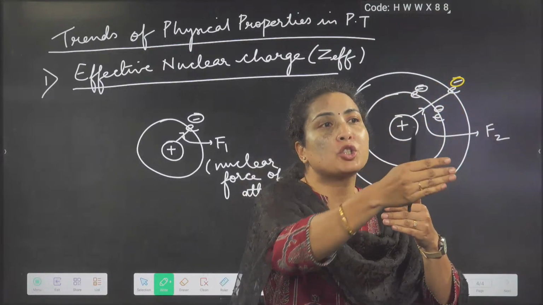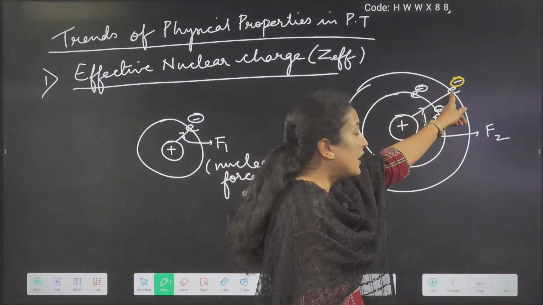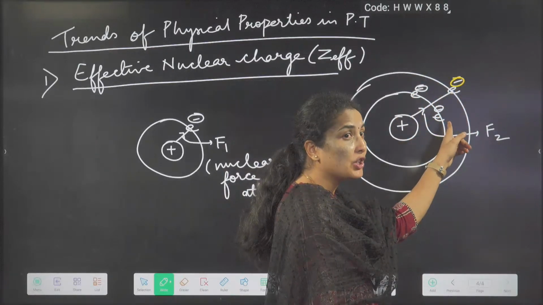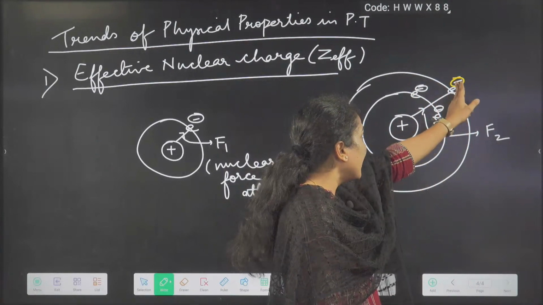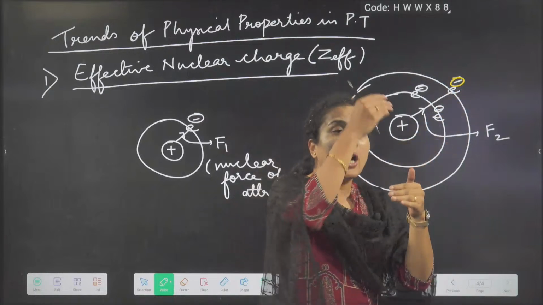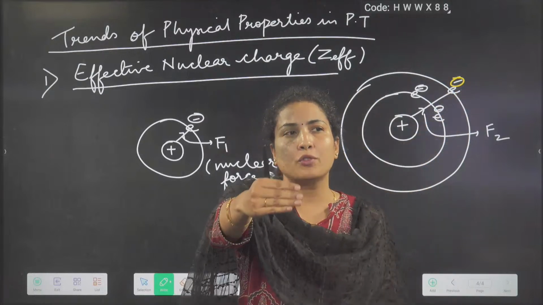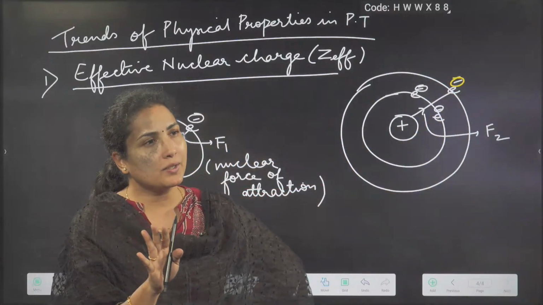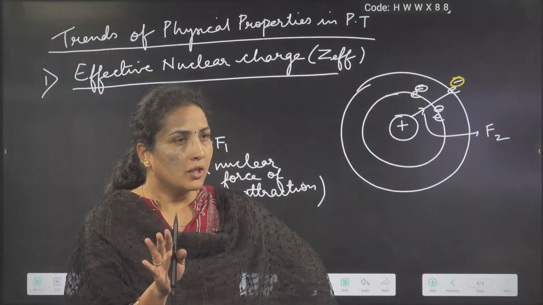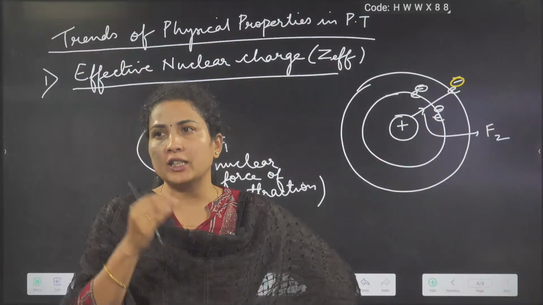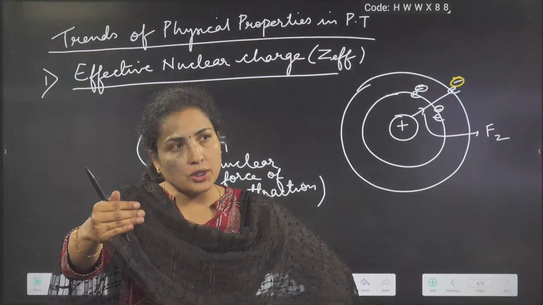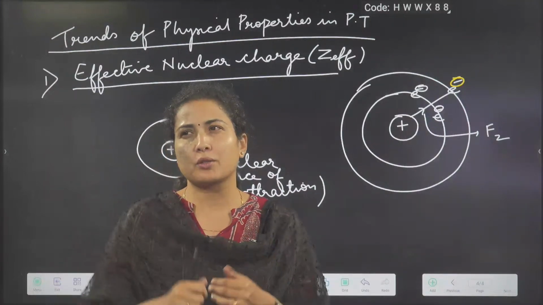They are being pushed away by the inner shell electrons. And so in that case, this outermost shell electron has moved a little bit far away from the nucleus. Do you agree? Due to repulsion from the inner shell electrons, the outermost shell electron has been pushed a little bit far away.